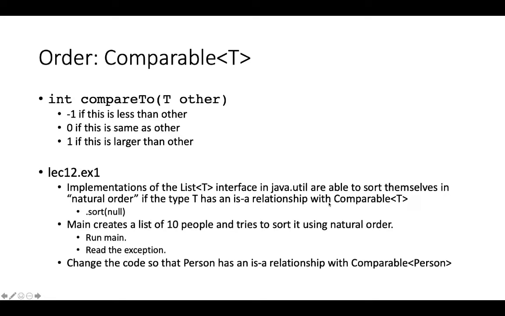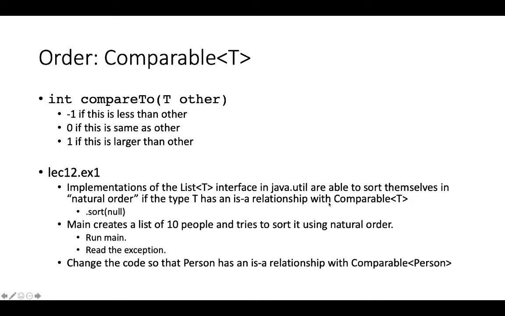But it turns out that the standard implementations for list in Java provide a sort method that says, look, if everything in the list is comparable to each other, if they implement Comparable in their type, then the list can sort itself and it'll do so efficiently, right?